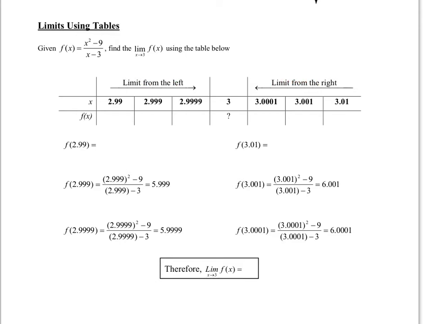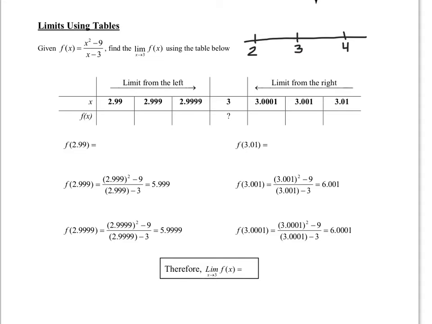So I want you to think of a number line. I want to find the limit as x approaches 3. So obviously this is where 4 would be and this is where 2 would be. We're going to try to be as close to this 3 as possible.